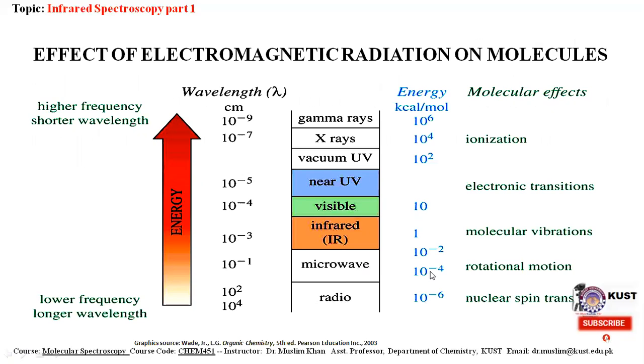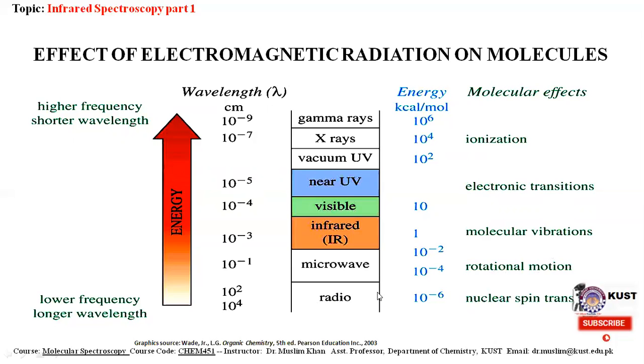Then microwave, whose wavelength is around 10 raised to the power minus 3, then infrared. Also, what type of response does a molecule show when subjected to this radiation? For example, radio frequency causes nuclear spin transitions, so we use NMR.